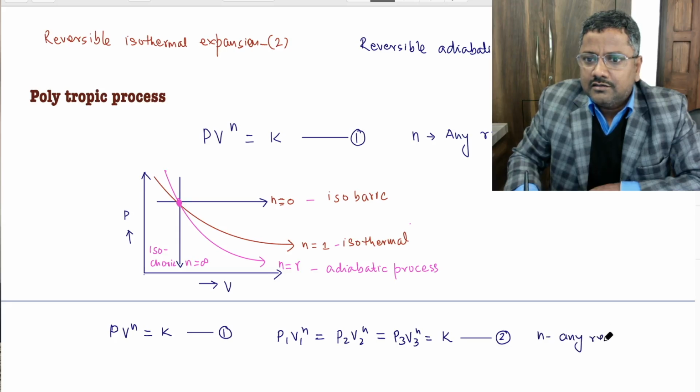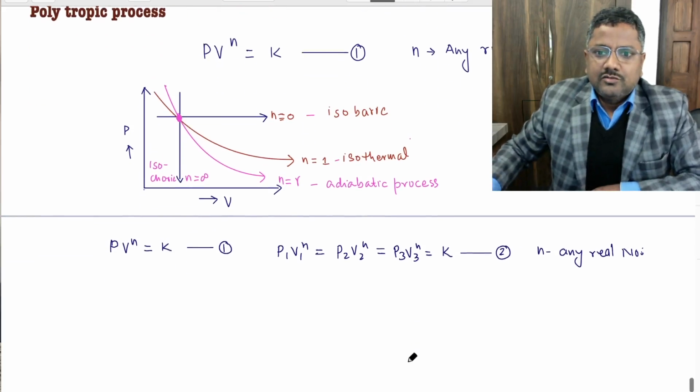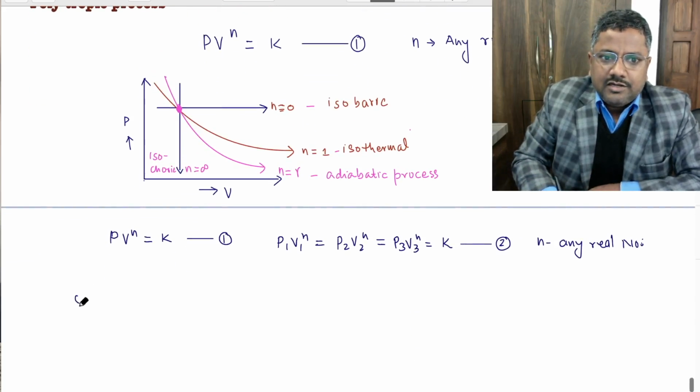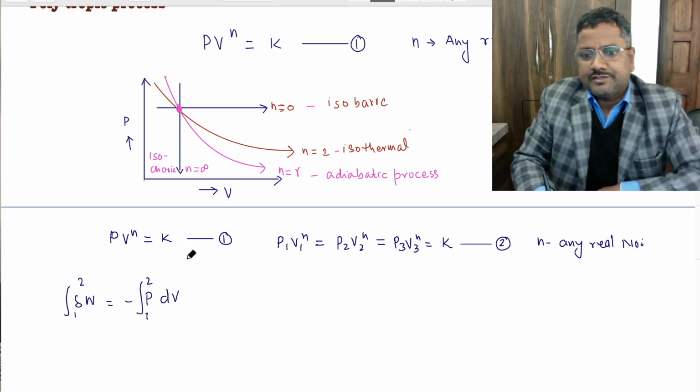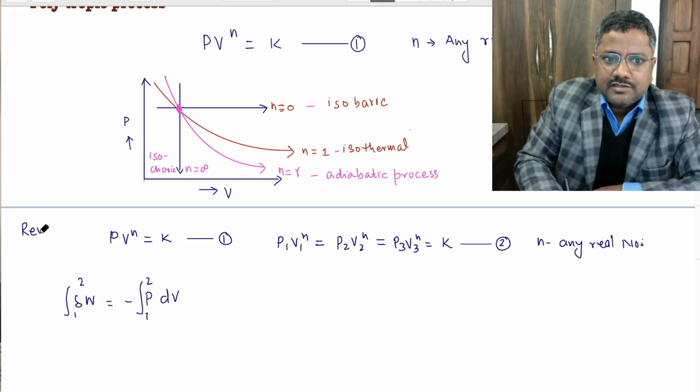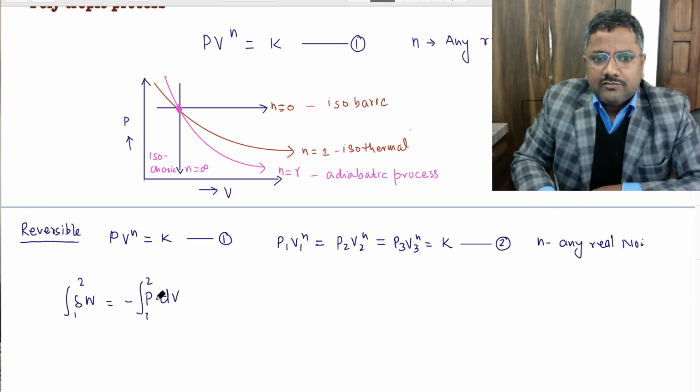Got it? So the PdV work, delta W from 1 to 2, is equal to minus P dV, and I am taking a reversible process.